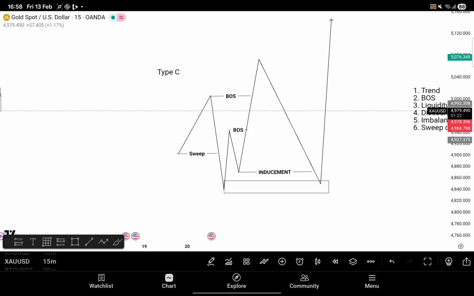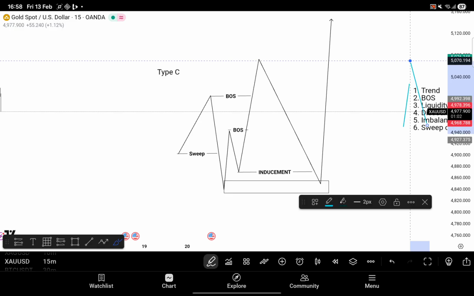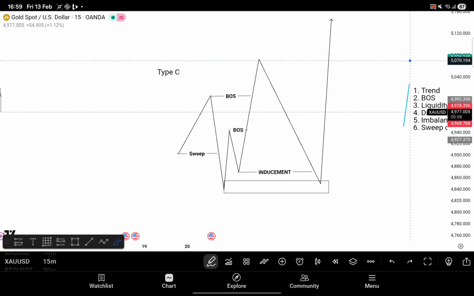So let's jump into this entry model. You will see that I labeled each of the parts already for you guys, and here are the criteria I listed beside it for you to see.